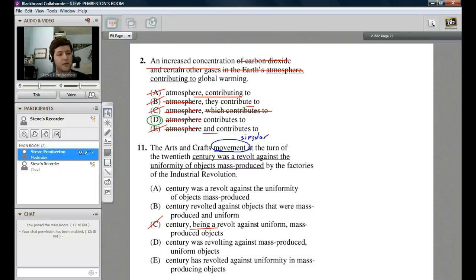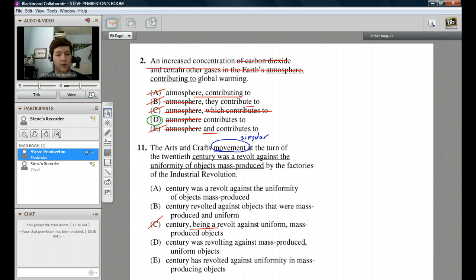C has one of our common errors. It says "century being a revolt." We don't choose answers that have "being," so no. D, "century was revolting against mass-produced," so we're good there, and "century has revolted against uniformity." Okay, so this came fine, in a good format. Singular matched with the other singulars.